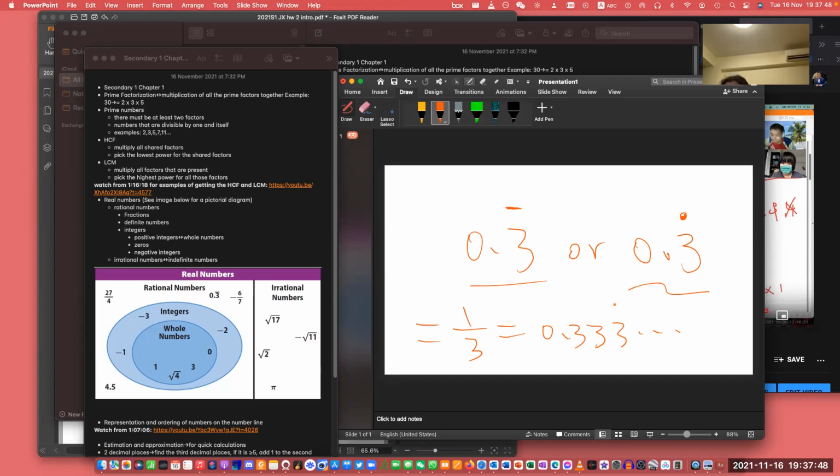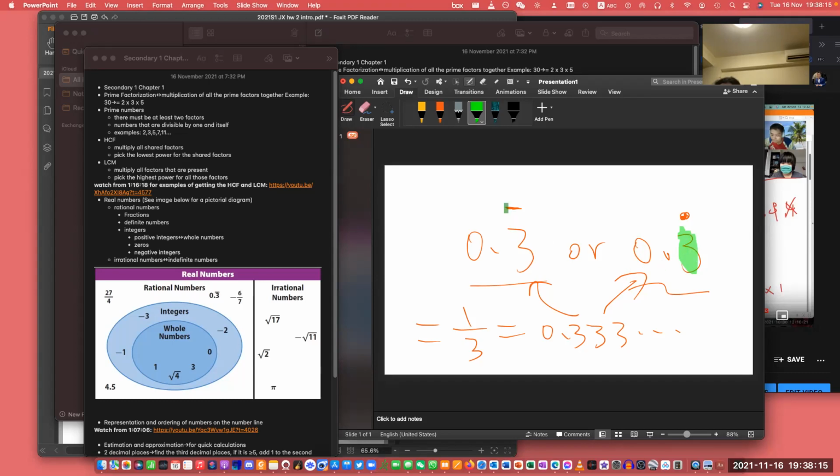You can either use a dot above, or you can use the other way to represent 0.333 non-stop. So this 0.3 with a dot above means 0.3 and then the number 3 repeats itself non-stop. That's the meaning of it.